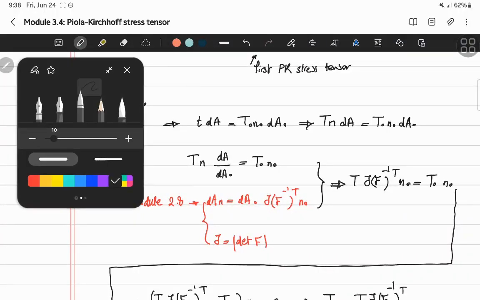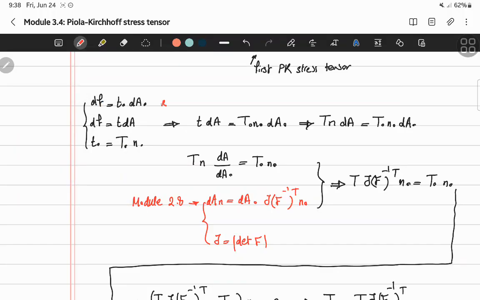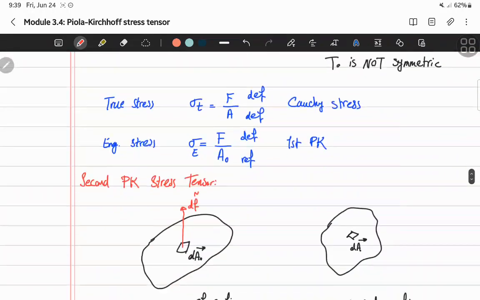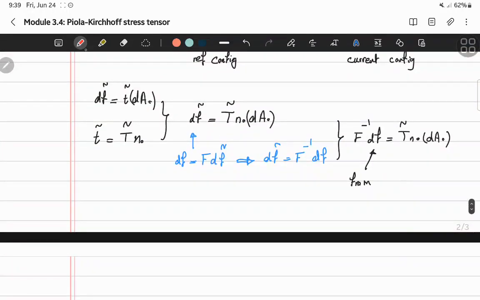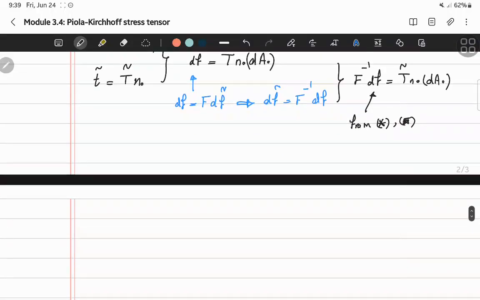Here, this star in here, and then from this square, so from star and square, we can write F inverse, and df is T0 dA0, is equal to T tilde N0 dA0.